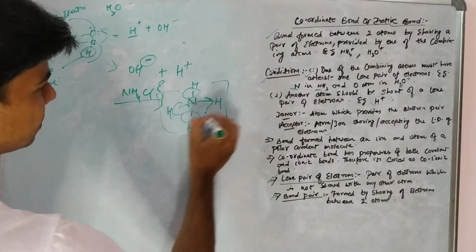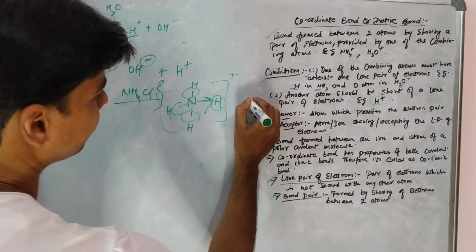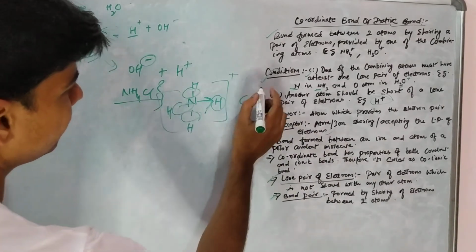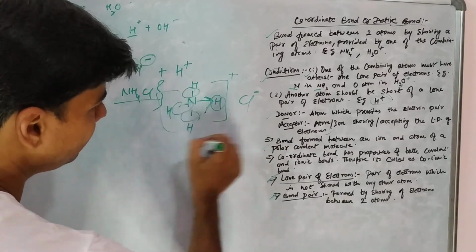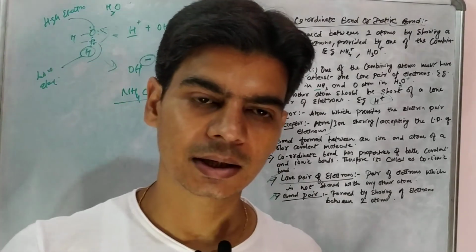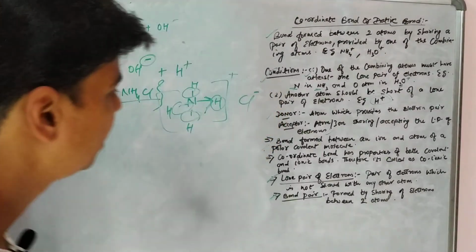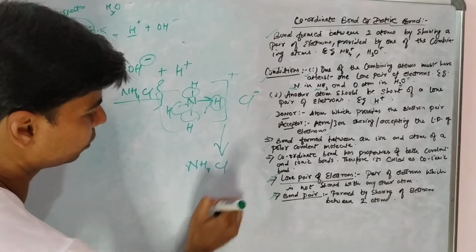And this has a positive charge because of the positive hydrogen ion, right? And when ammonium chloride forms, chloride has a negative charge, right? So ammonium and chloride, due to opposite charges, develop a high electrostatic force of attraction and form an electrovalent bond, forming ammonium chloride.